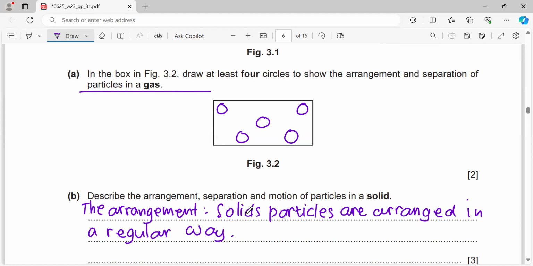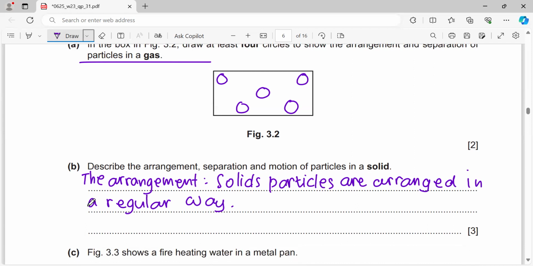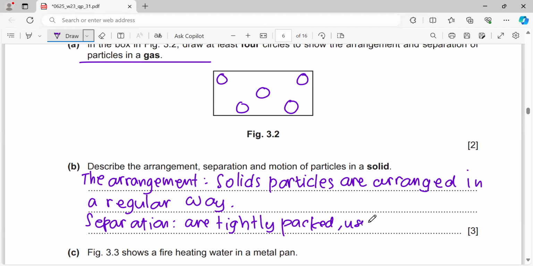After that, separation: in solids, particles are tightly packed, usually in a regular pattern.